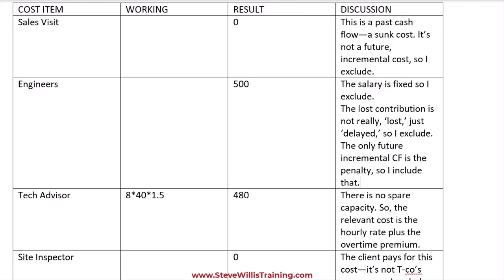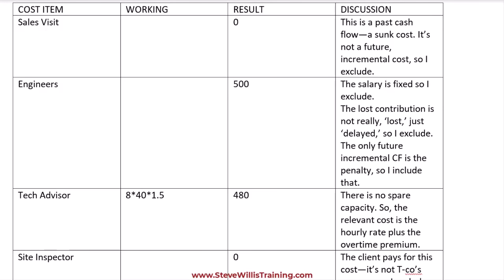is fixed, so I exclude. The lost contribution is not really lost, it's just delayed a little bit, so I exclude that. The only future incremental cash flow is the penalty, so I include that. Guys, I think there were 3 marks for this, and I got the 3 marks.